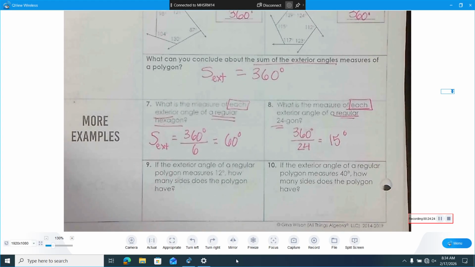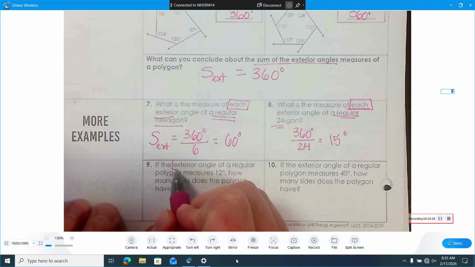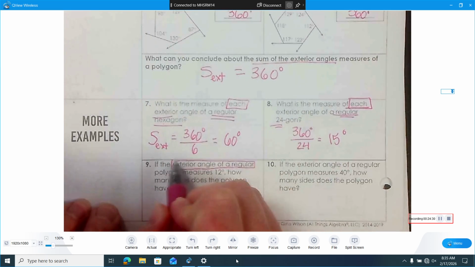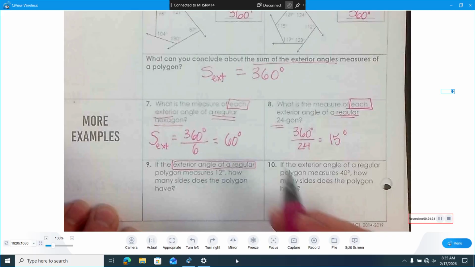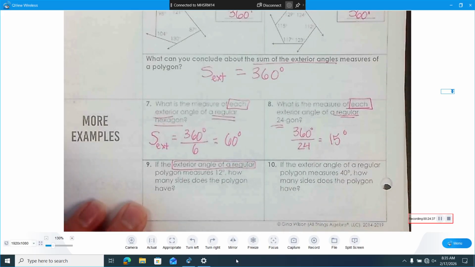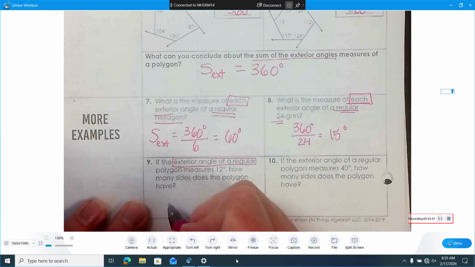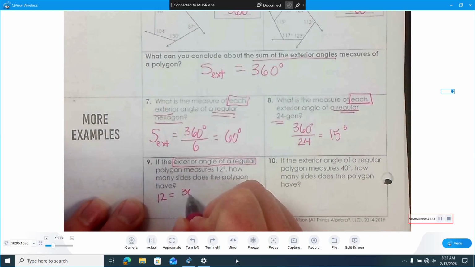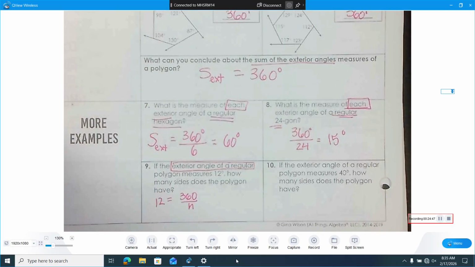All right, turn it around. If the exterior angle of a regular polygon is 12 degrees, how many sides does it have? What can we do for that? Yes, 360 divided by n, and that's equal to 12 degrees. Each exterior angle was 12 degrees.